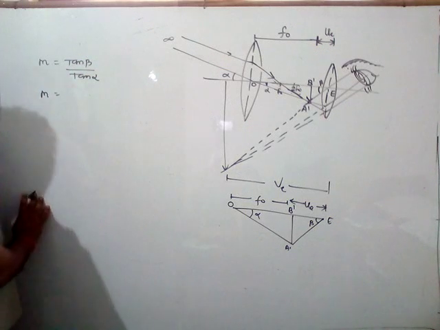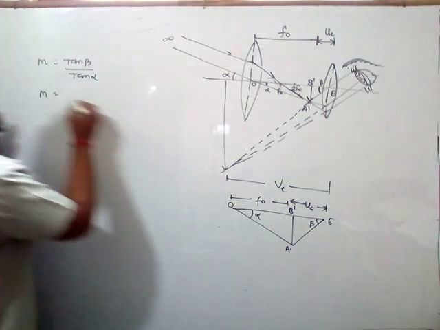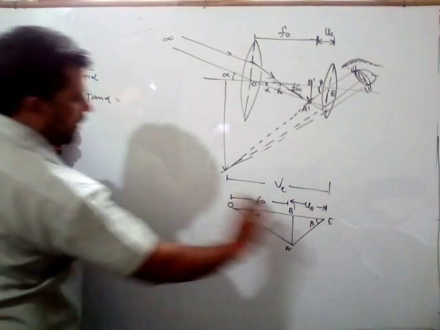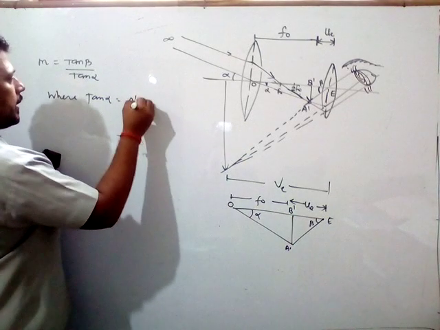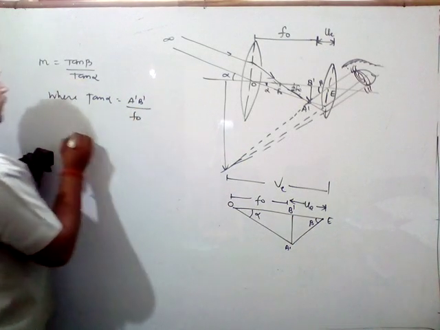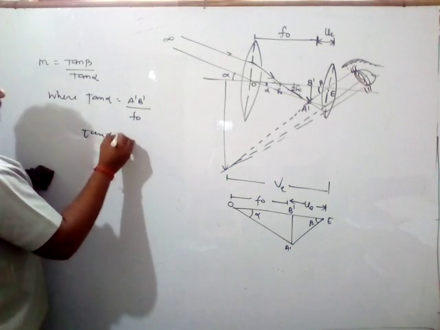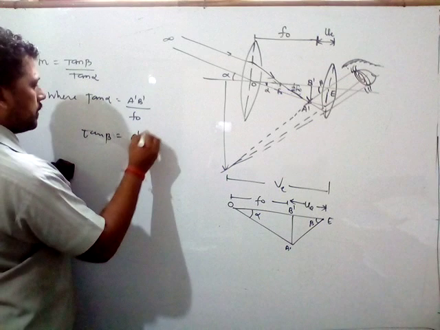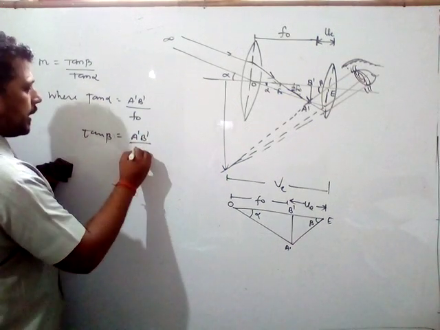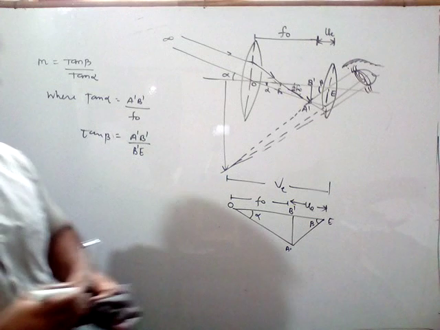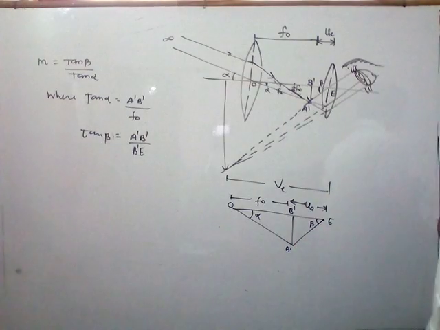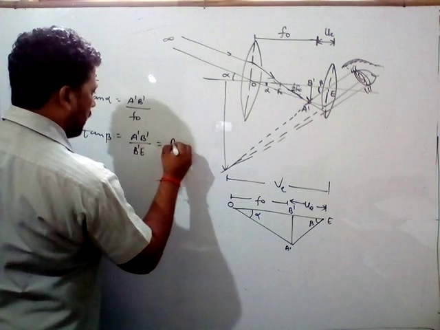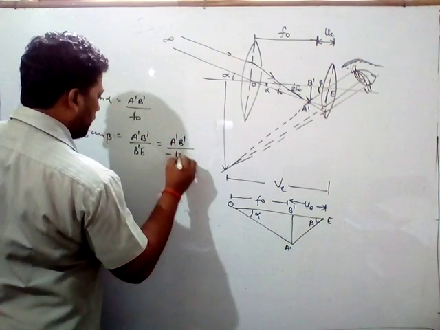So M is equal to tan beta upon tan alpha, where tan alpha is equal to perpendicular by base, A'B' upon FO, and tan beta is equal to A'B' upon B'E. You know that B'E is equal to the objective length UE, so it can also be written as A'B' upon UE.